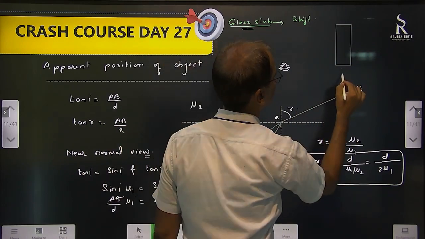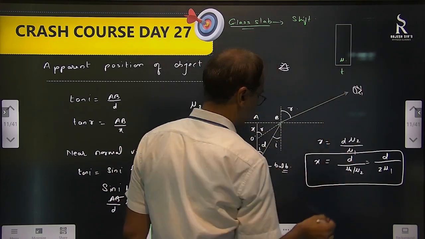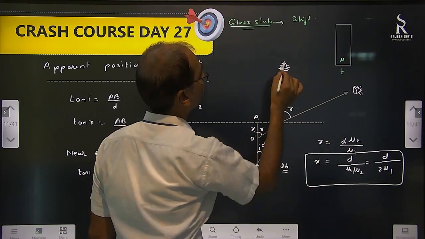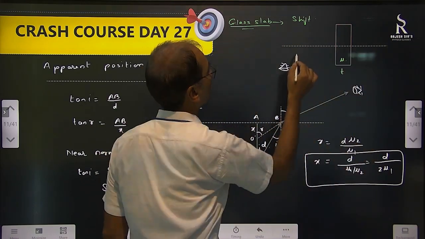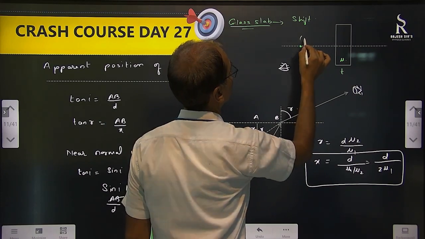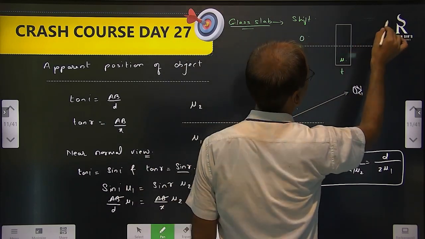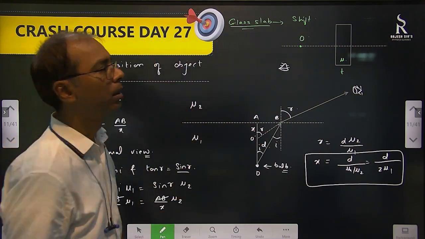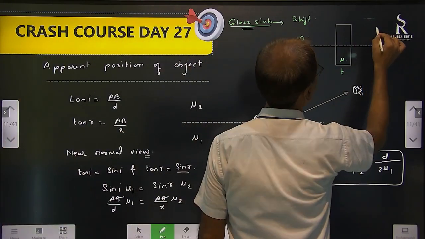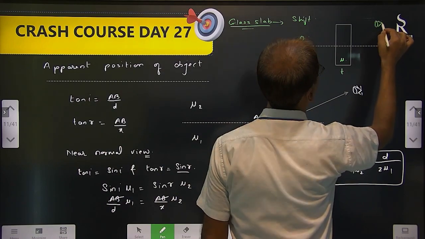Its thickness is T, refractive index is mu, and here the object is kept, and the viewer is on the other side, or maybe a mirror or a lens is on the other side. For them, where will this object appear?